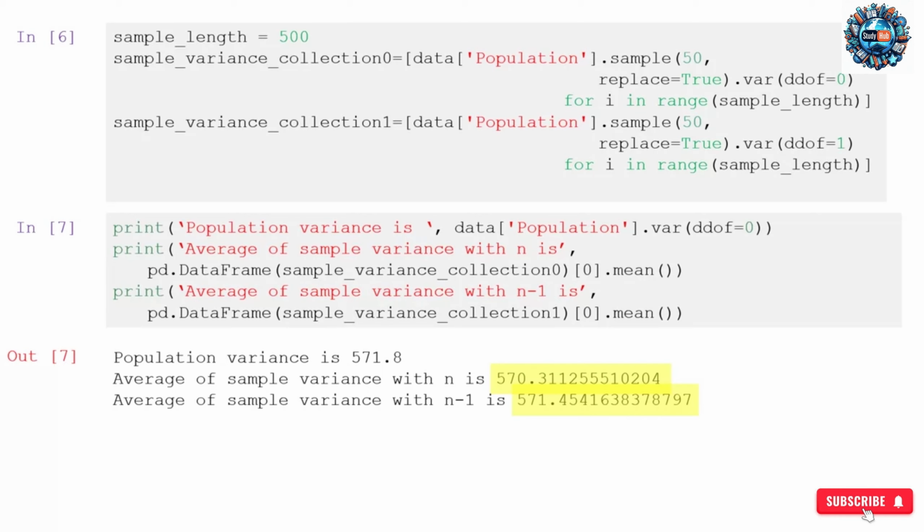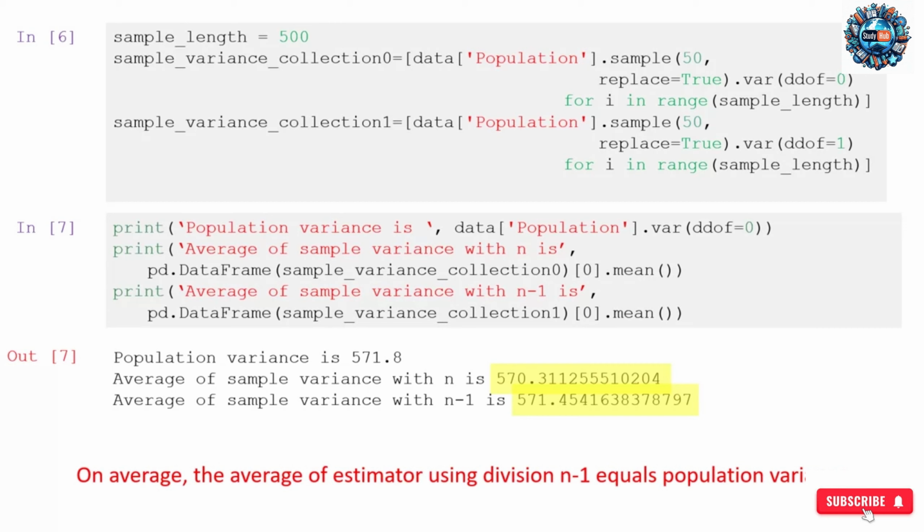As you can see, the average of sample variances using n-1 is closer to population variance than using n. The average of sample variance using n as denominator is always smaller than population variance, with some mathematical reasons. n-1 in fact is called degrees of freedom for sample variance.